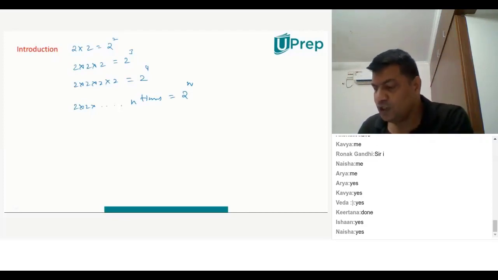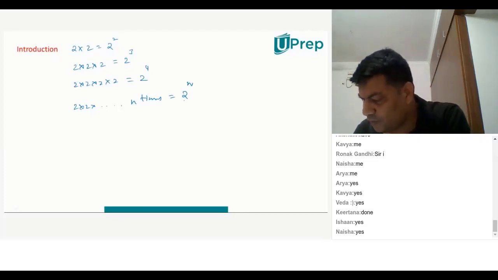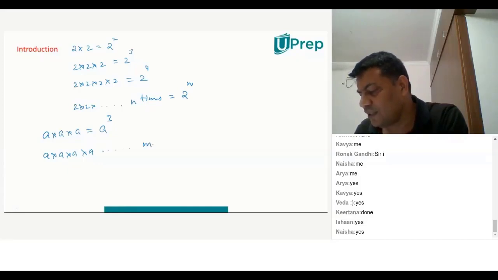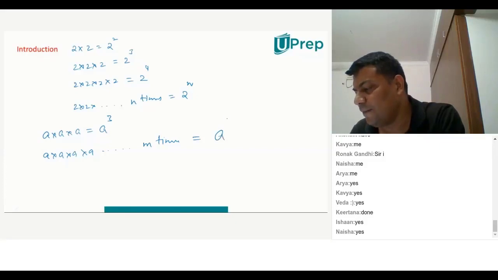Good. So 2 into 2 into 2 n times, we say it as 2 to the power of n. If I multiply a into a into a, we say it is a to the power of 3. If we multiply a m times, we say a to the power of m.